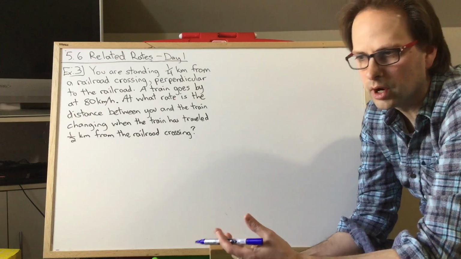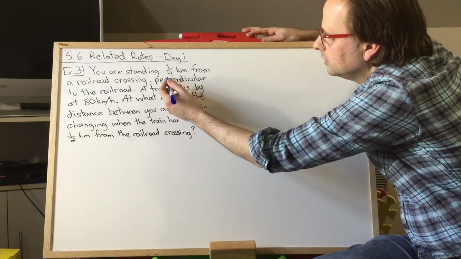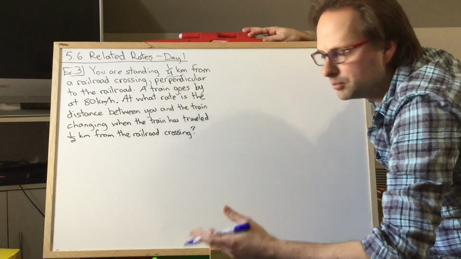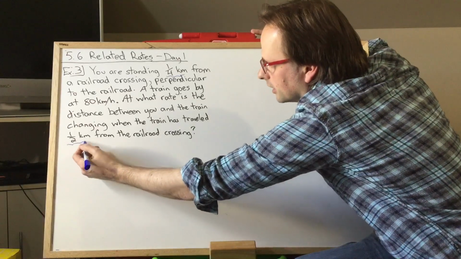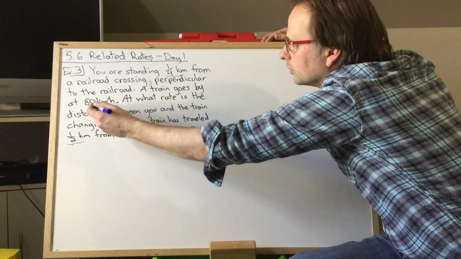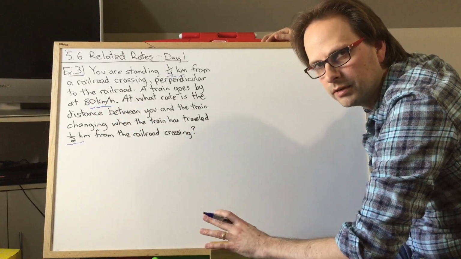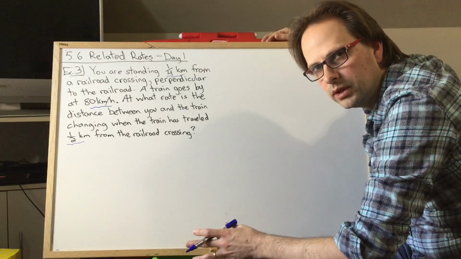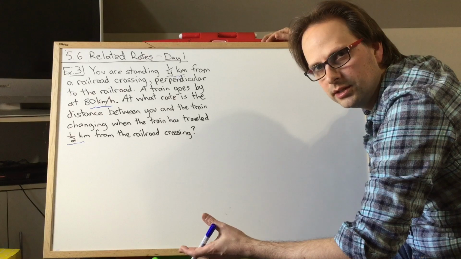So before we even draw this, which is supposed to be step one, let's just be clear that this is a length. It's going to be an x or a y or a z. This over here is a rate of change. That is going to be a derivative. Then depending on how we draw our diagram, it's either going to be dx by dt or dy by dt.